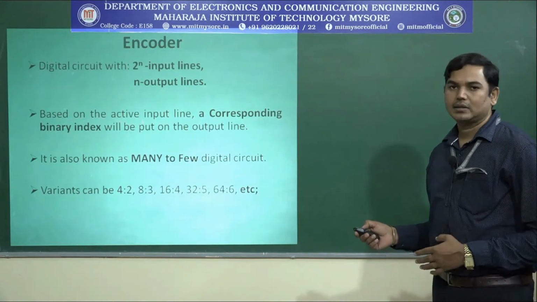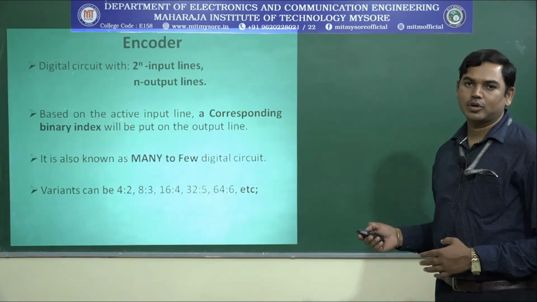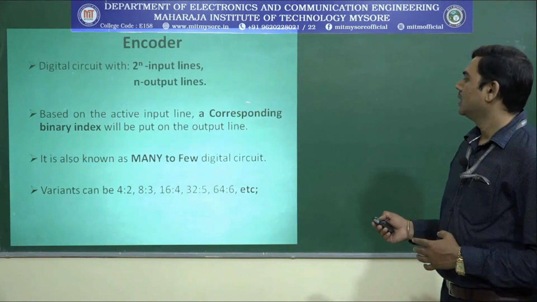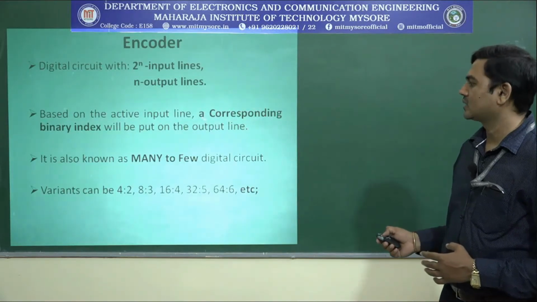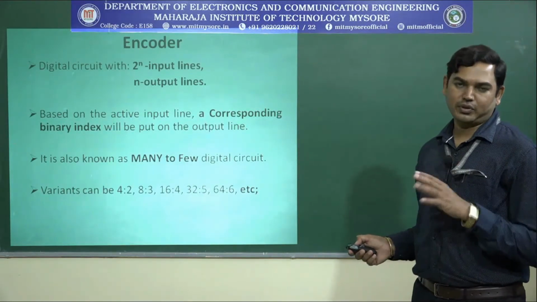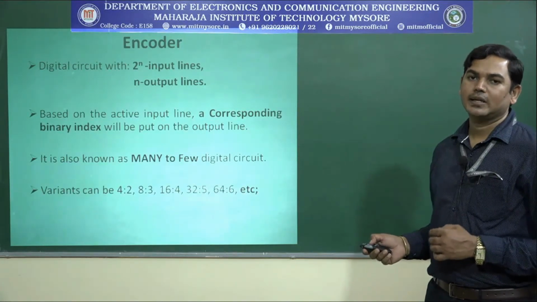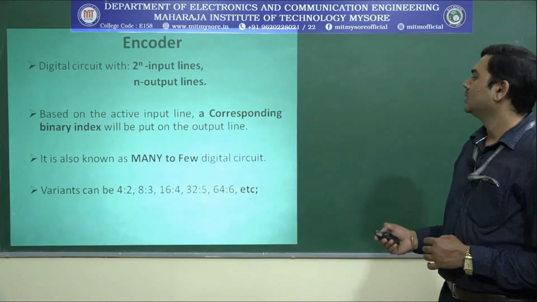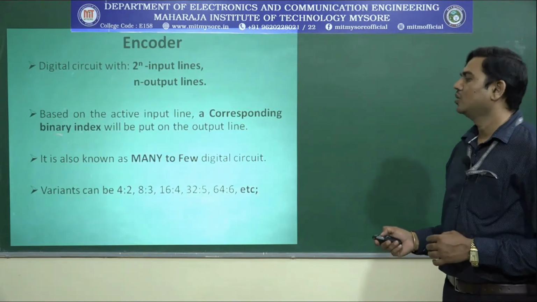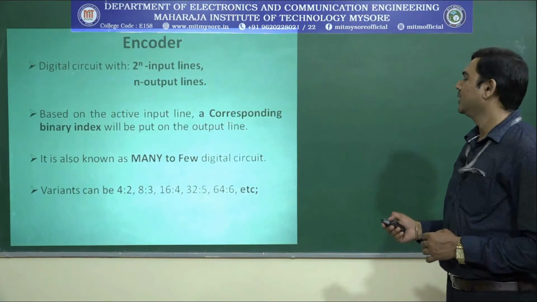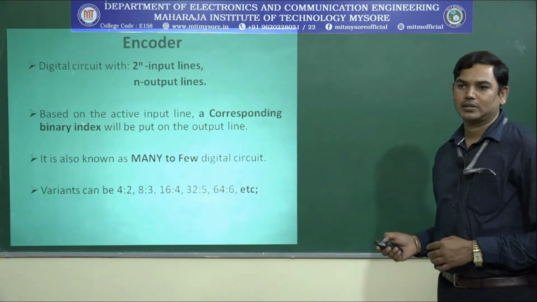Whichever line is active at the input, that line's binary index is shown at the output. If the fifth input channel is active, then the binary code corresponding to number 5 will be represented on the output lines.